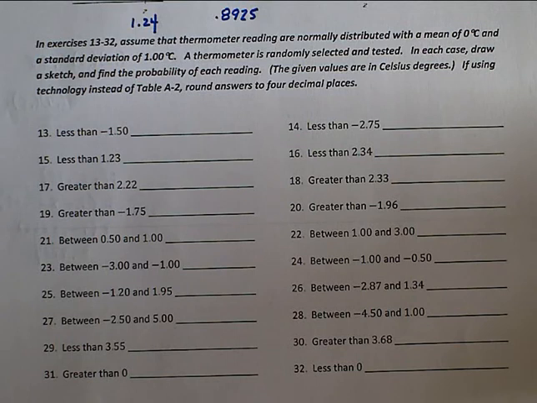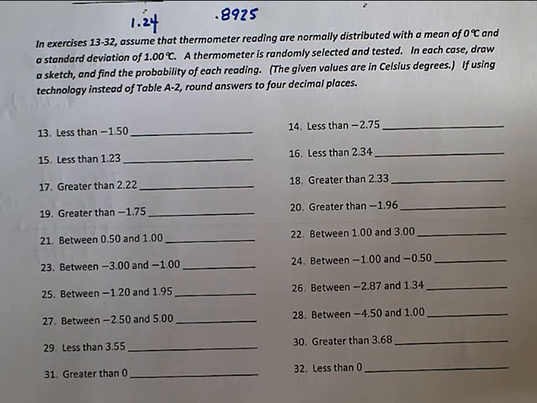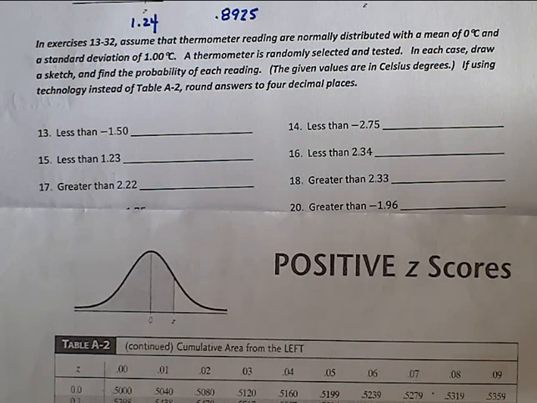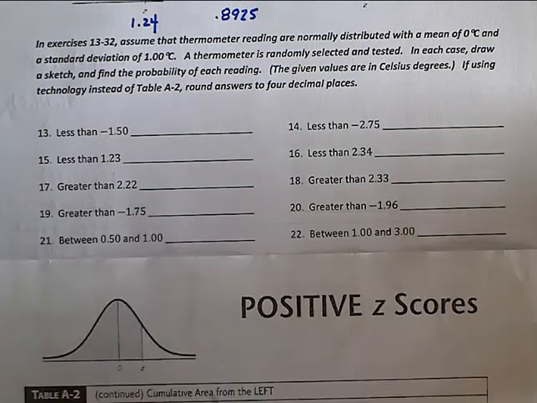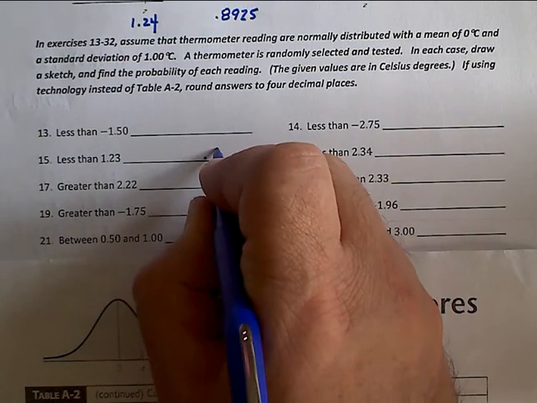So let me look at one here. Less than 1.23. Again, positive 1.23. It says 0.8907, or rather 0.8927.